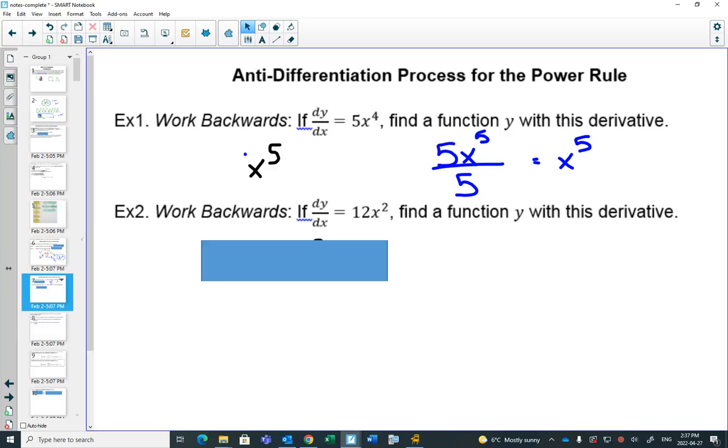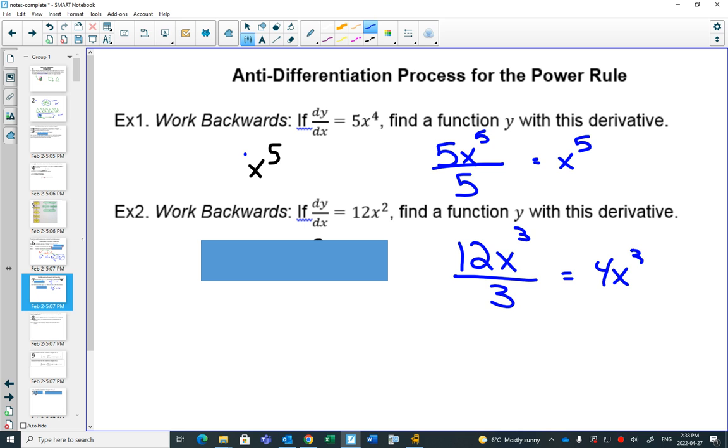Same thing, you probably could undo this one fairly easy in your head. But now as a technique, keep my 12, add 1 to the exponent, and divide by my exponent. And you'll actually find when you're in the midst of more difficult questions and you've got to integrate, it's nice to have something simplistic to do.